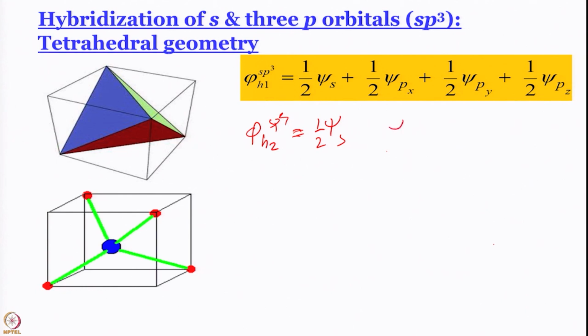Now I will just write the orbitals first, psi 2 px, psi 2 py, psi 2 pz. Sorry for being a little inconsistent. Now, if I just multiply them and integrate over space, I am going to get 0.